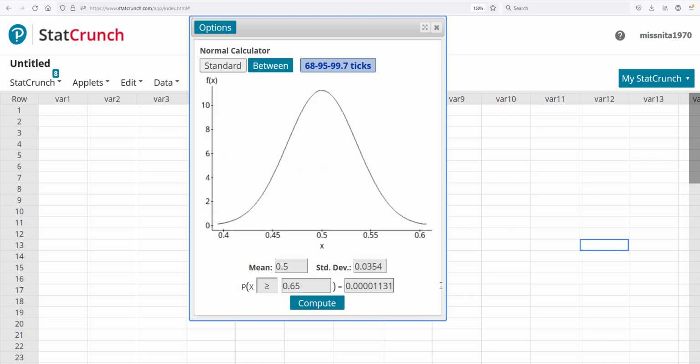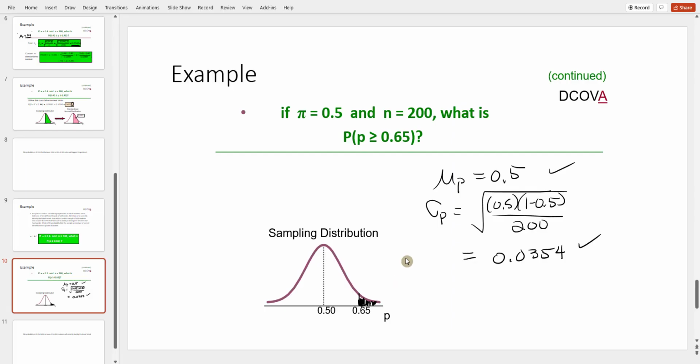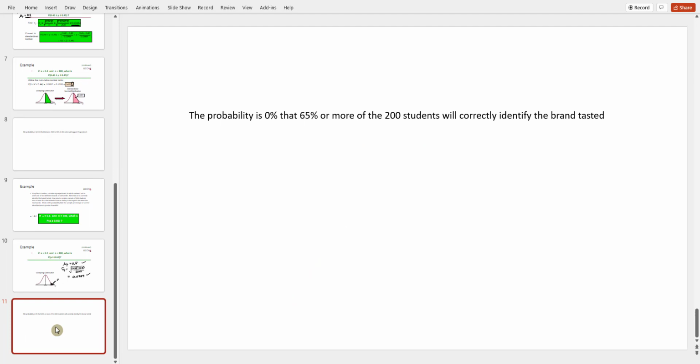When I hit compute, I get this really small number, so it's pretty much 0%. If we go back here, this is really small. Your probability is pretty much 0. So what does this mean? The probability is 0% that 65% or more of the 200 students will correctly identify the brand tasted.